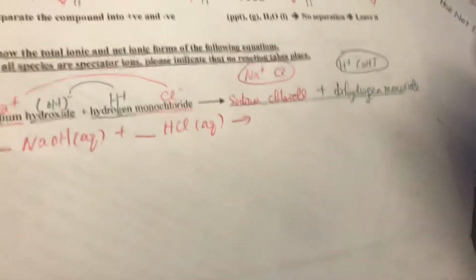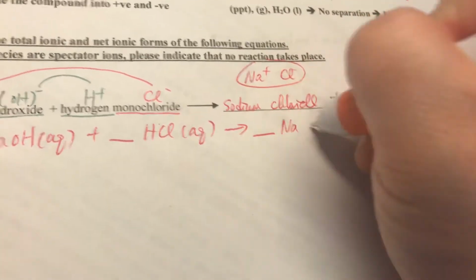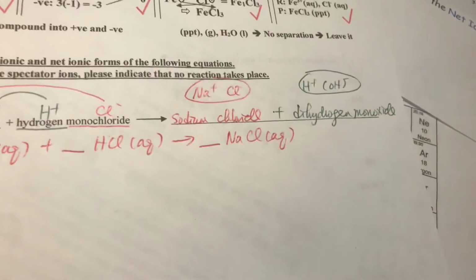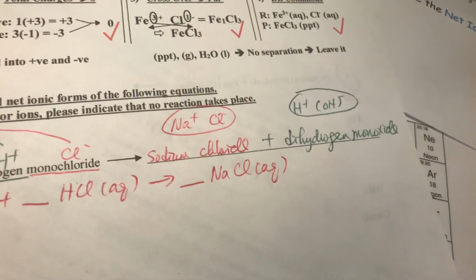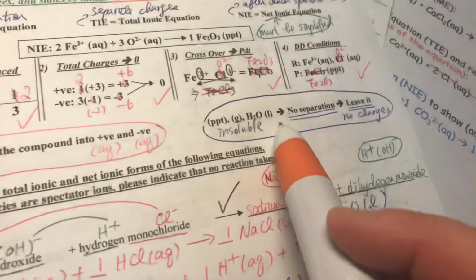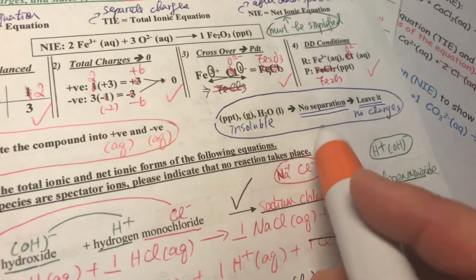So we can use red pen and continue. NaCl AQ. And then water, you know water is liquid. Like AQ, I use red pen. If it's water, gas, or PPT, I'm using blue pen because they're insoluble.